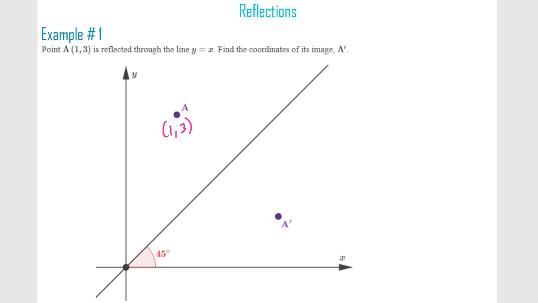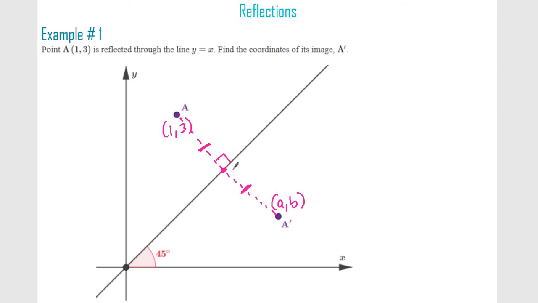Now, of course, that's how we know. We should know that. Now, if we wanted to prove it, we could just say that this is the point A comma B. And then we know that if we were to draw a line right here, that would be a perpendicular line and that this would be the midpoint. Okay, so this would be the same length as this.